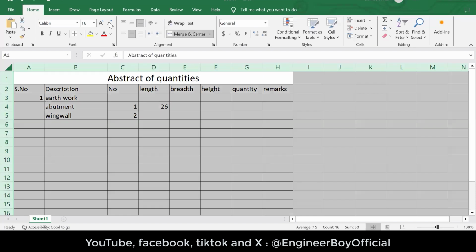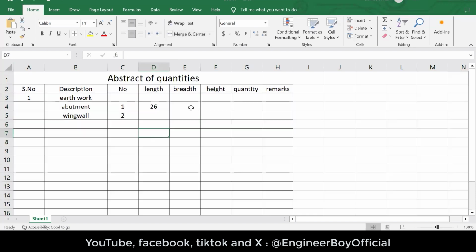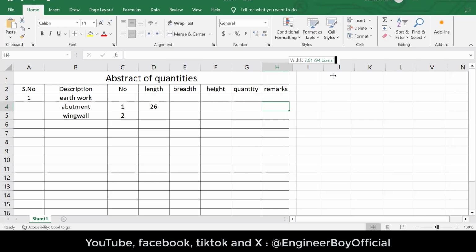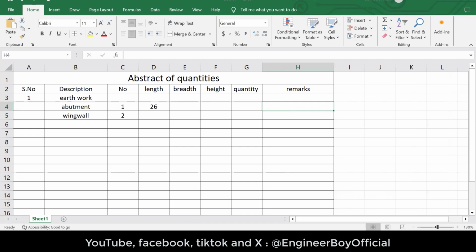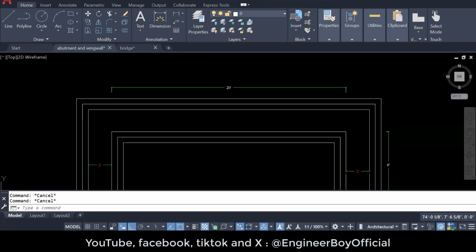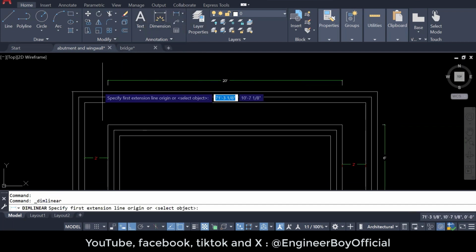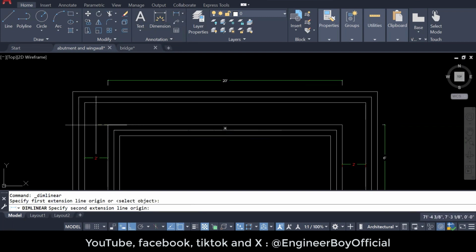Now, how 26? That's the point which should be cleared over here, okay? So 26, I'm gonna write this thing in the remarks, but before writing this, let me make you understand, and I want you guys to confirm it, okay? Now, just look over here. Let me have some dimensions. This is 20, and from this, we're gonna add 2 for one side and 2 for another side, okay?